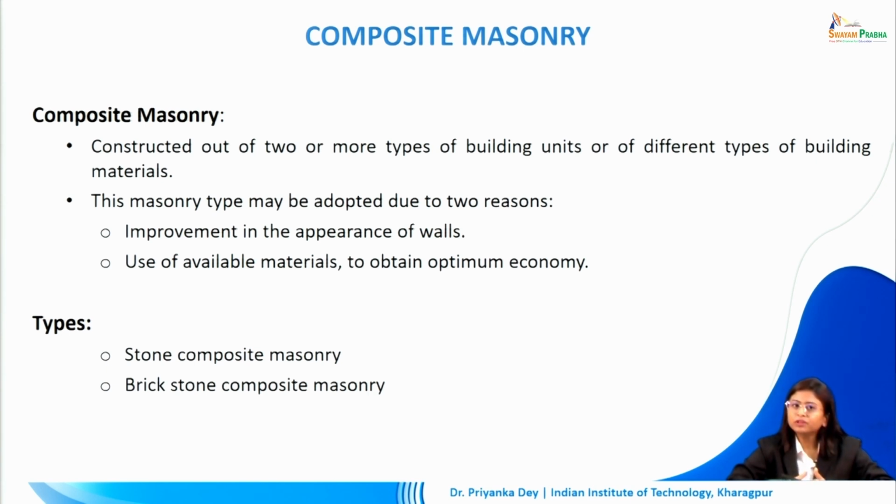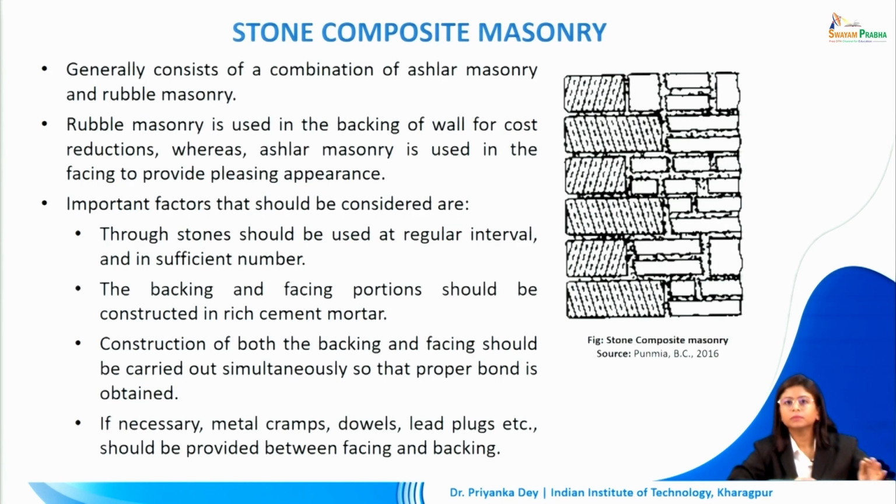So it could either be a combination of stone composite masonry, that is we are going for two different types of stone finishes or arrangement in stone masonry, or we can give a combination of brick and stone to make a composite masonry. So if we are going for a stone composite masonry, here it is generally a combination of ashlar and rubble masonry.